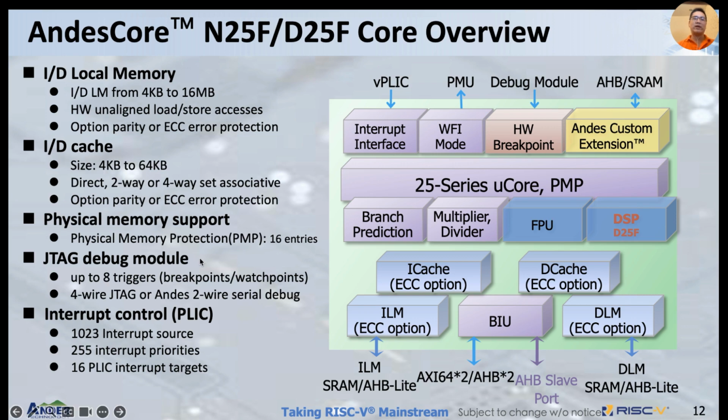It can support JTAG debug module with up to 8 triggers of breakpoints and watchpoints, and 4-wire JTAG or NDS 2-wire serial debug. For interrupt control, the PLIC can support over 1,000 interrupt sources with 255 priorities and 16 targets.